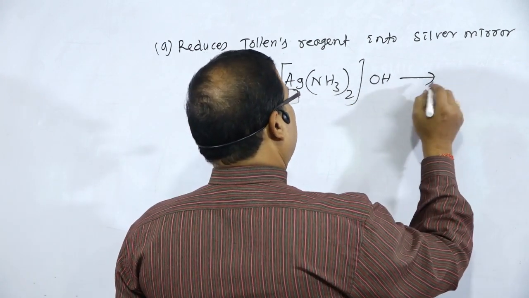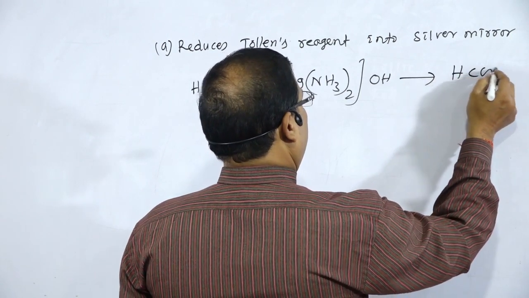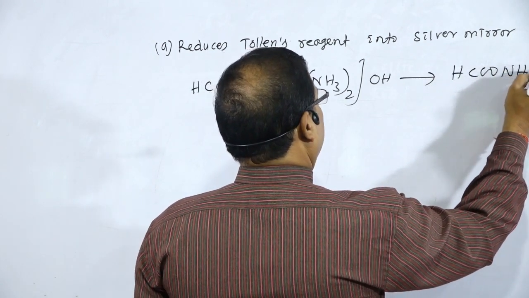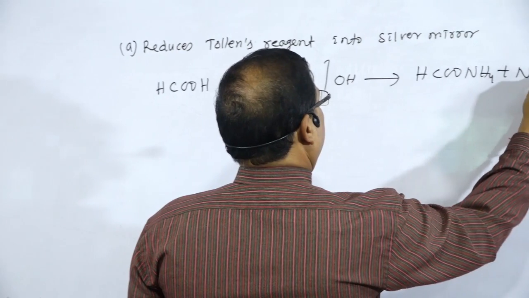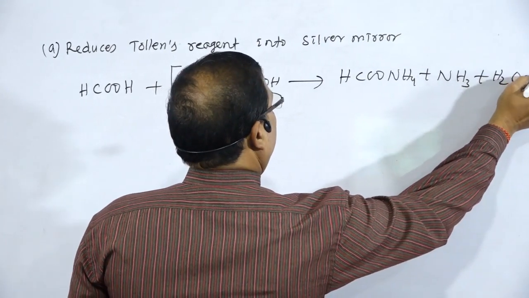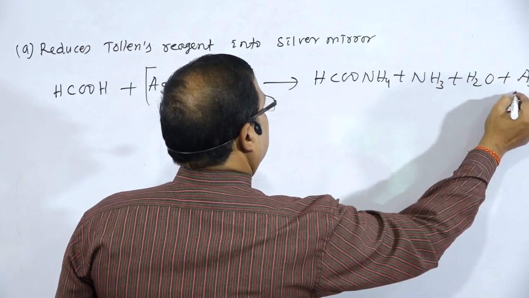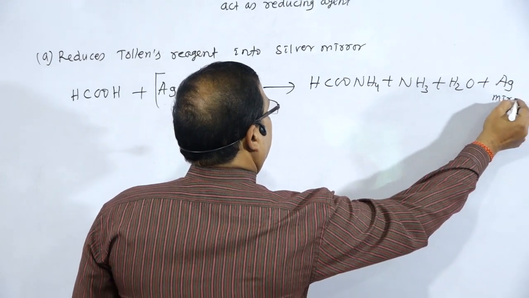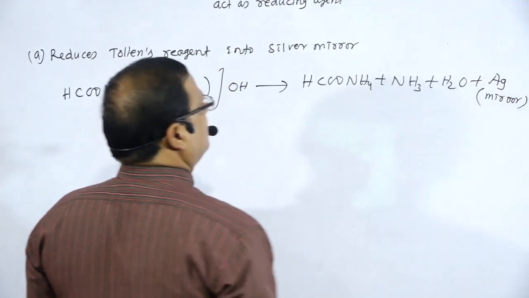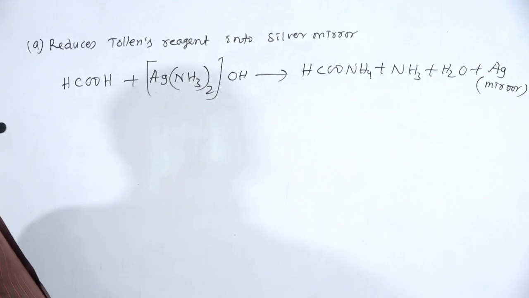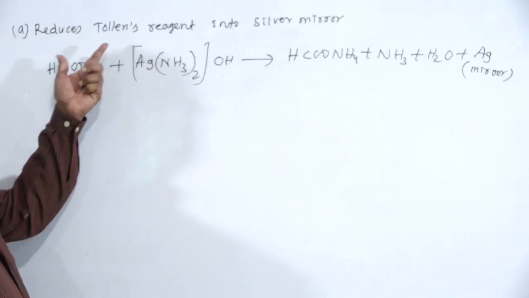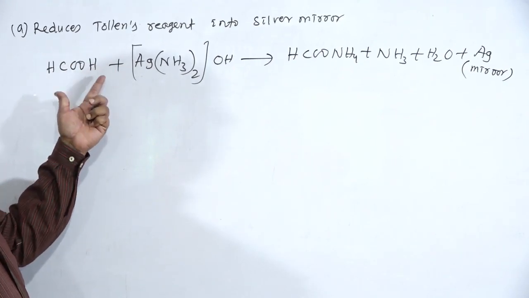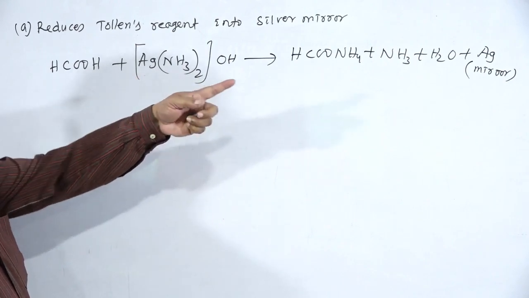We have to balance this equation. HCOONH4 plus NH3 plus water plus Ag, that is the silver mirror. So formic acid, the reducing agent, reduces Tollens reagent into silver mirror.